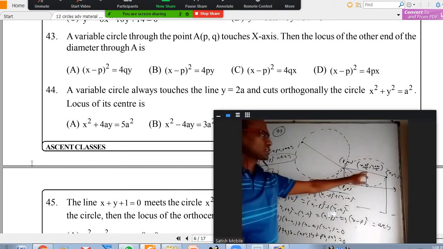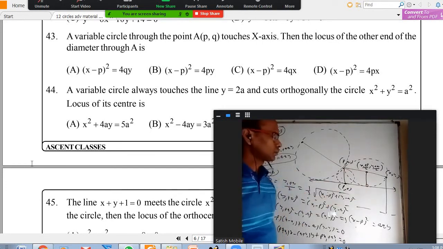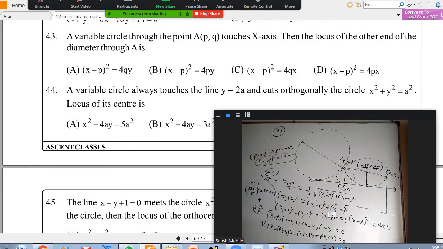Of course, if I take this point, these two distances are equal. I guess we can prove that.